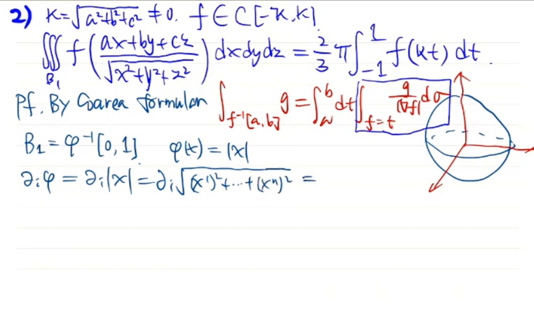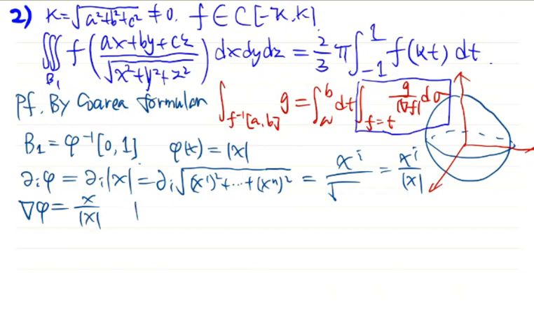Therefore, it is easy to see that the result is xi over the norm of x. Therefore, the gradient of phi is the vector whose components are the partial derivatives of phi with respect to xi. Therefore, this is just x over the norm of x. Okay, this is the gradient of phi.